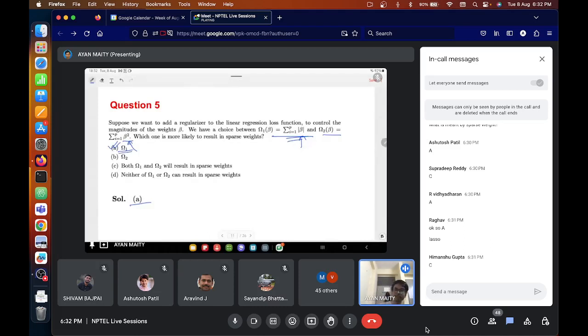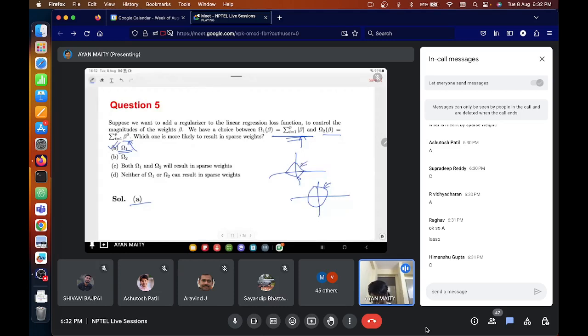This is because of the shape of the constraint that we get from the lasso, the L1 norm. The shape of the lasso constraint is like this, and in case of ridge, because of beta square, the constraint looks like a circle.